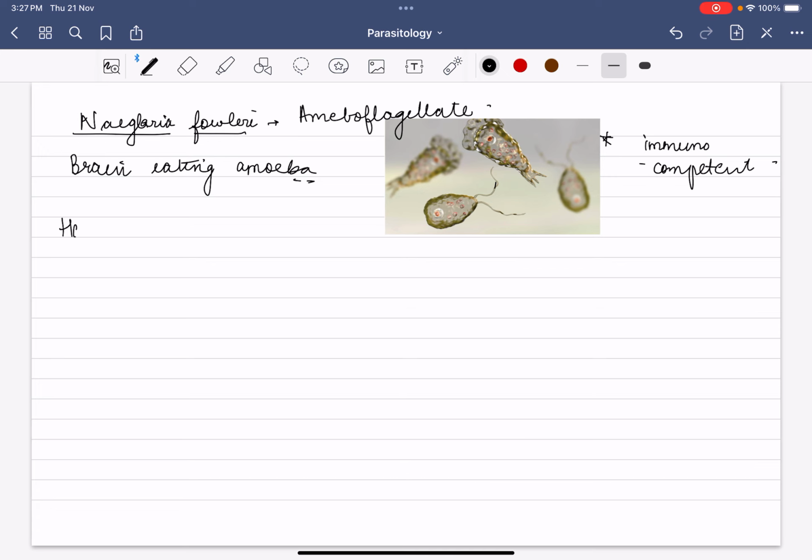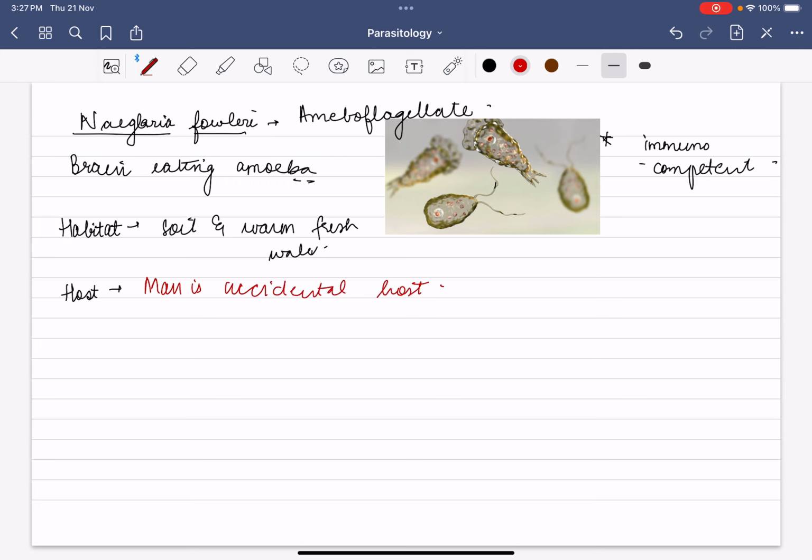Habitat, it is usually present in soil as well as warm fresh water. Host here, man is usually not the host, man is an accidental host. So when people swim in contaminated water, it can go through.